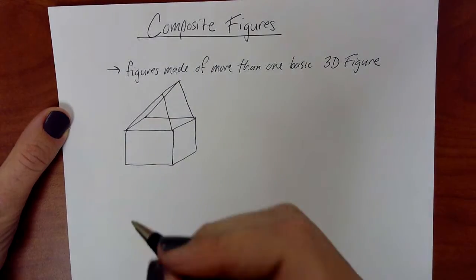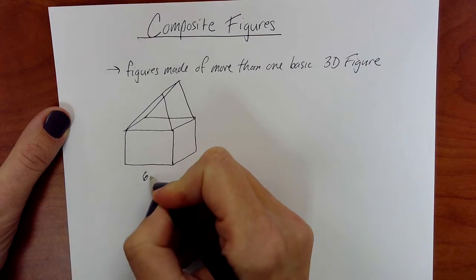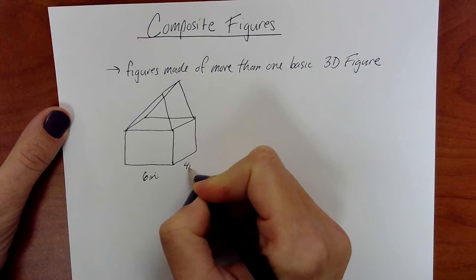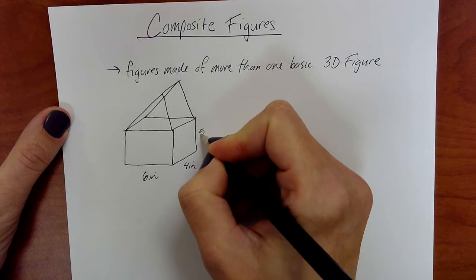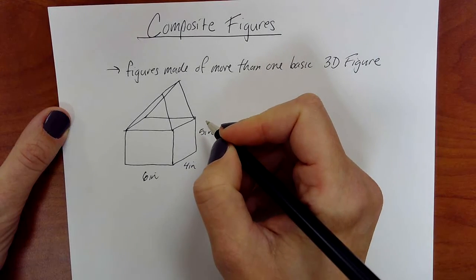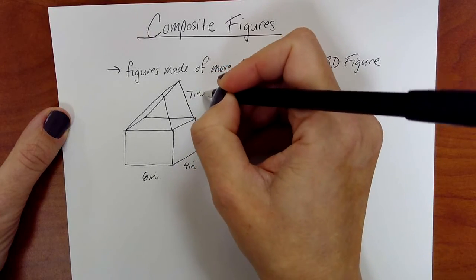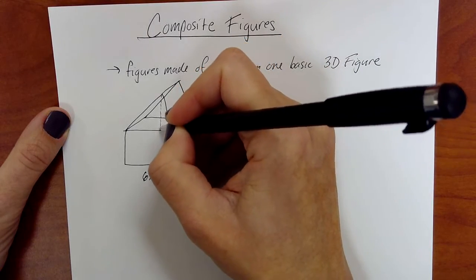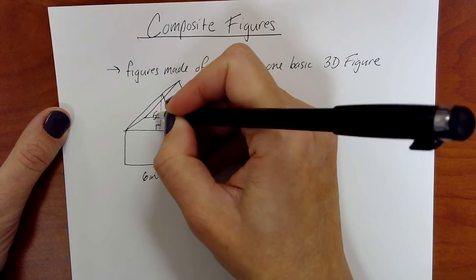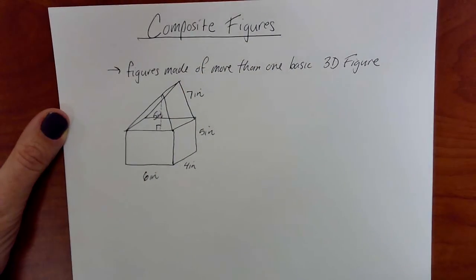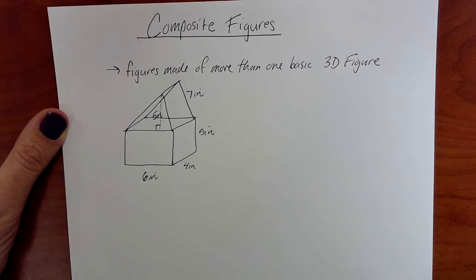Not bad. Okay, so let's say this is 6 inches. Apparently it's small. 4 inches, 5 inches. Let's say this slant is 7 inches, and the height of the triangle is 5 inches. All right, let's try that.